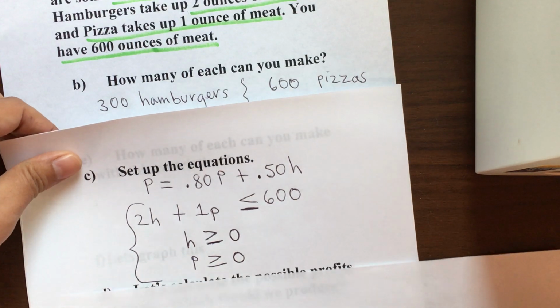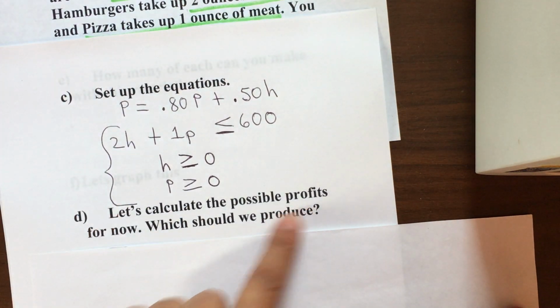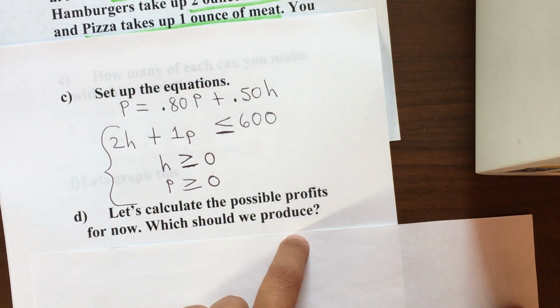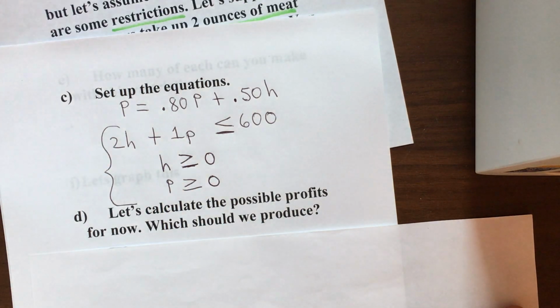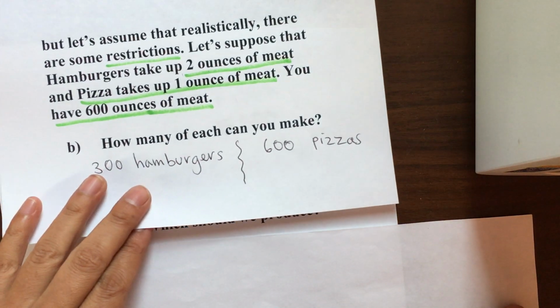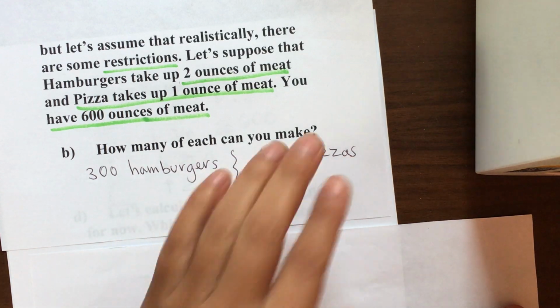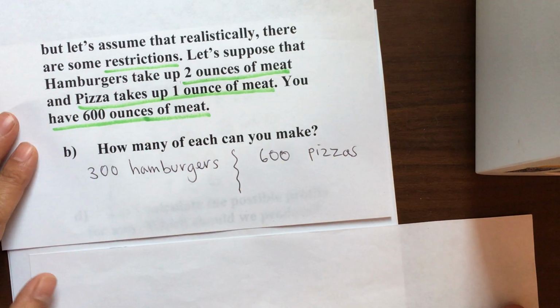But let's move on. It says, let's calculate the possible profits for now. Which should we produce? Having this limitation, I know that I can produce either 300 hamburgers, 600 pizzas, or a combination in the middle.